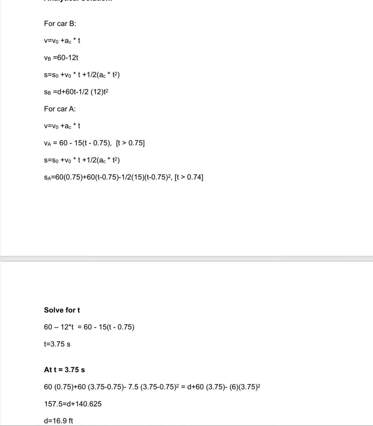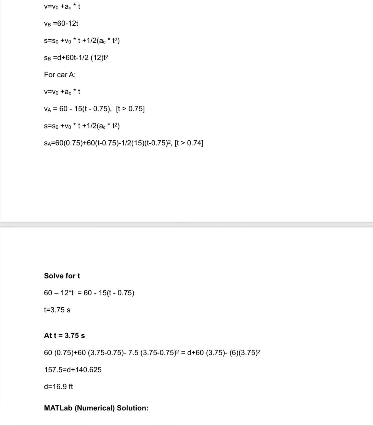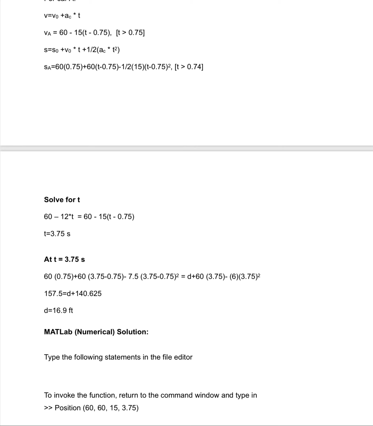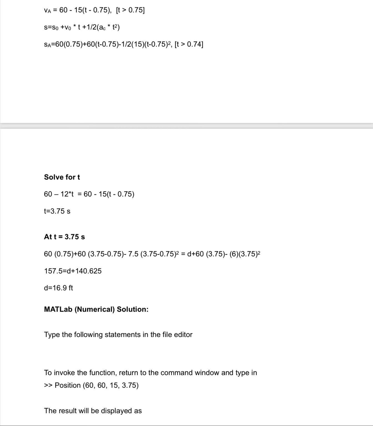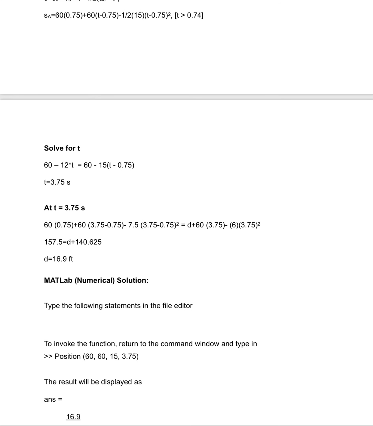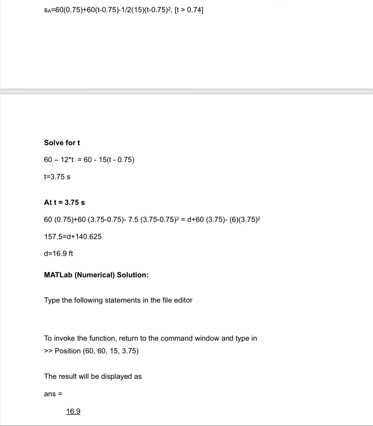And then you take that value and put it into the position of car B and A, which are equal to each other, and you would get 16.9 feet. Or you can just put in the numerical solution of typing in position and then the variables that correlate, so 60, 15, 3.75, and you would get the result 16.9.